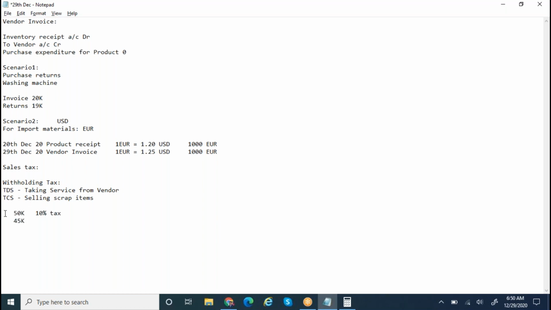So the vendor invoice is generated for 50K. If withholding tax is 10%, then the vendor payment should be 45K only. This 10% tax you need to pay to the government authorities. This is withholding tax.